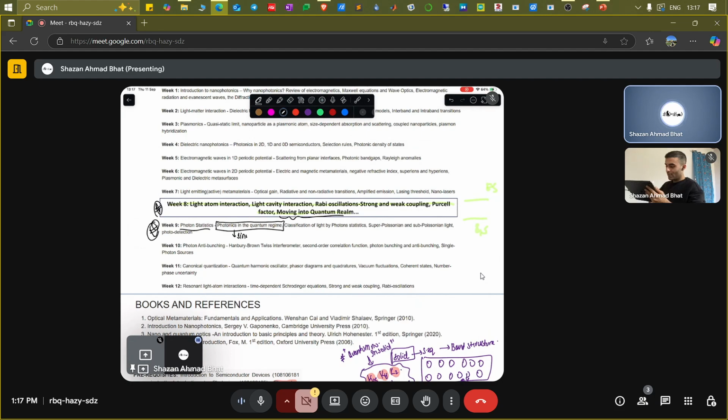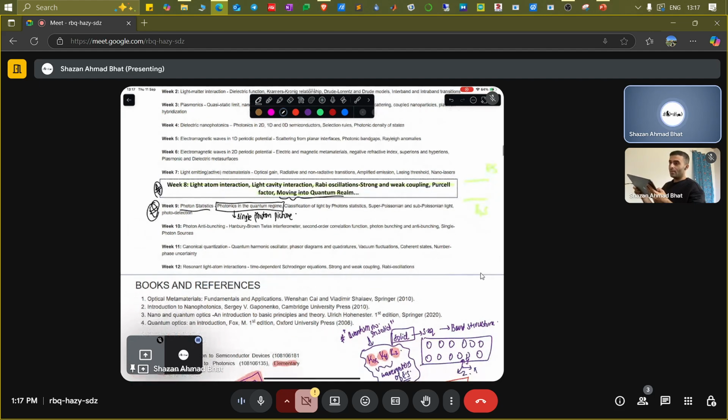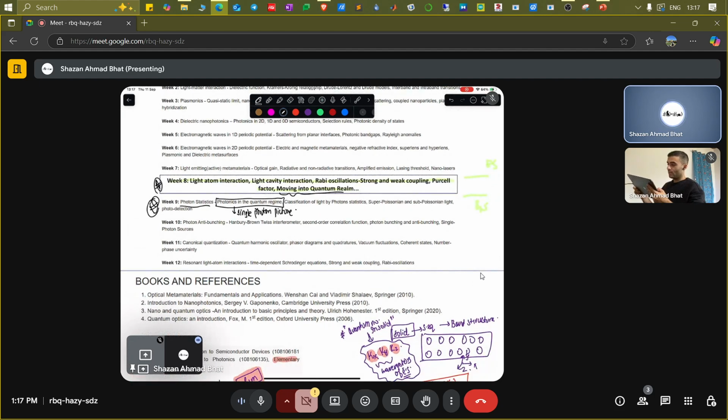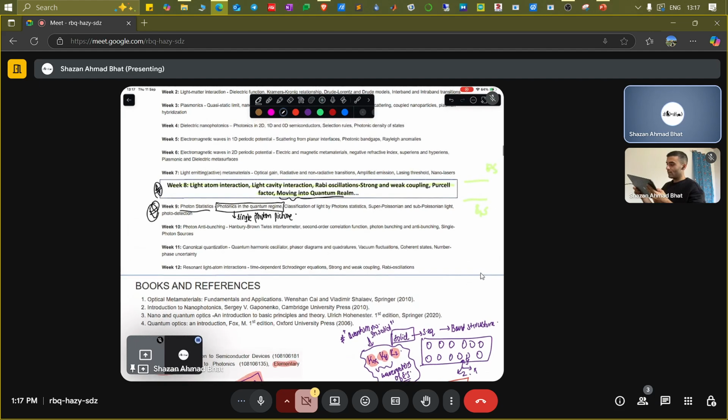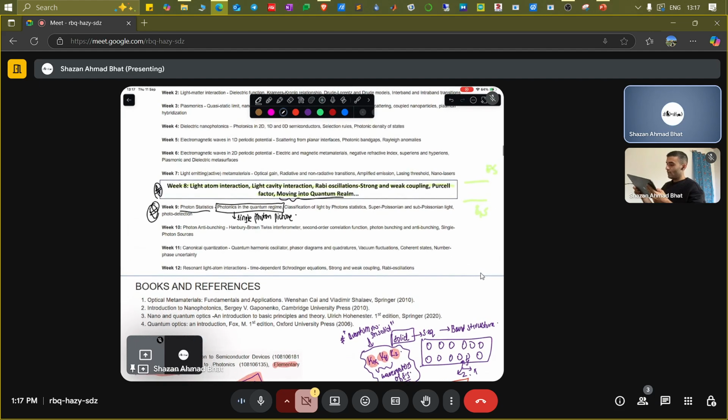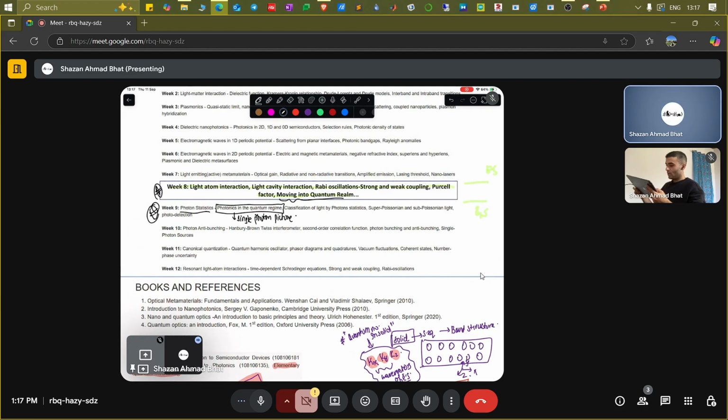We are going to move to a single photon picture. And you know that a single photon is a quantum mechanical entity. It's no longer governed by classical equations or classical physics. And then we're going to classify the light sources on the basis of certain characteristics.